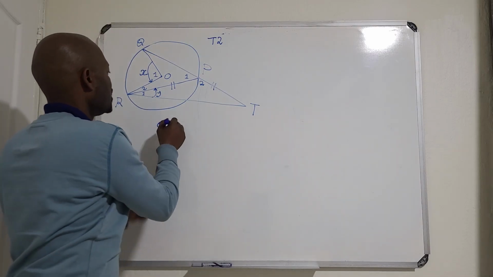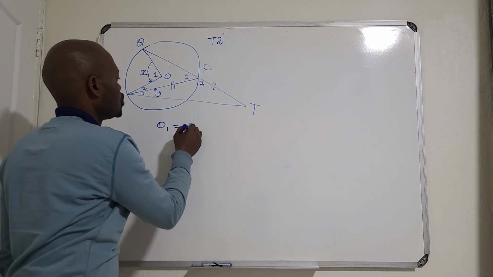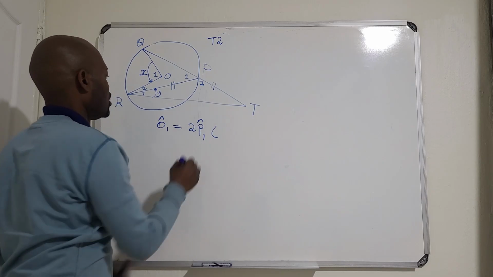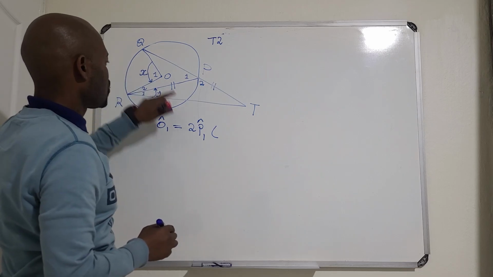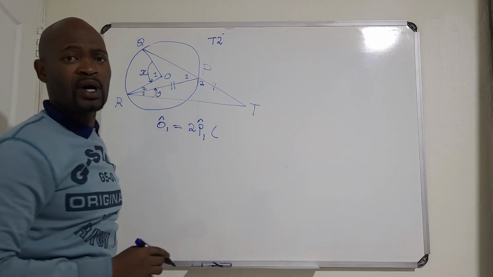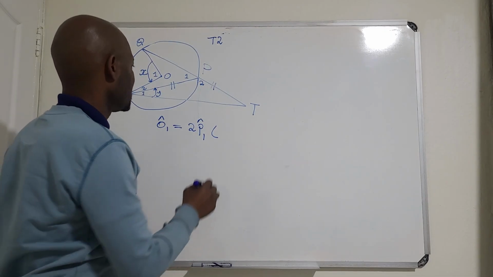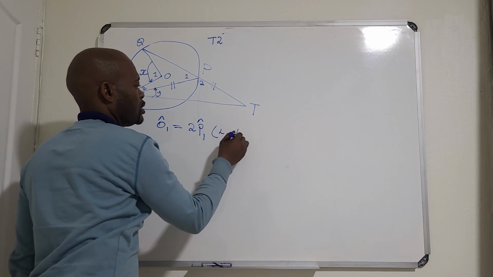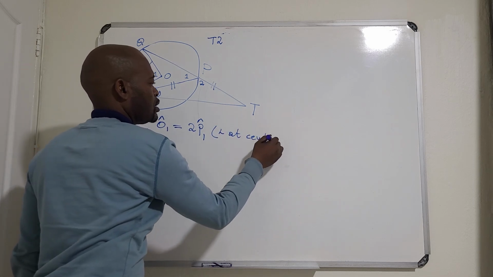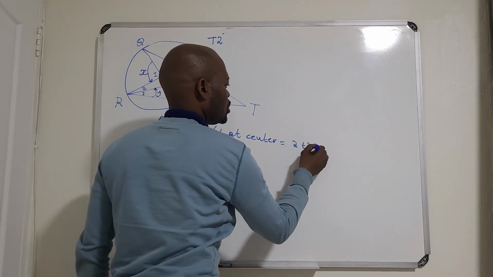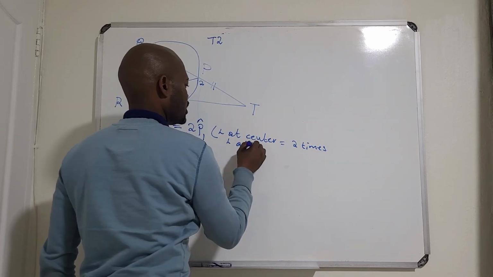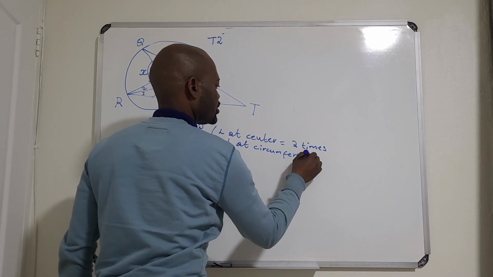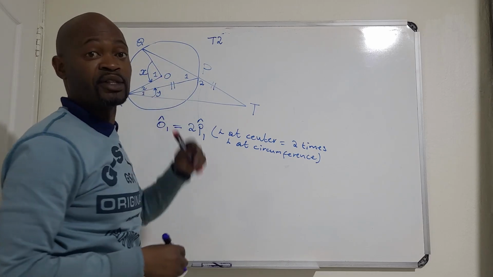Therefore, angle O1 is equal to 2 times angle P1. The reason for that is theorem number 2: angle at the center is 2 times angle at the circumference.